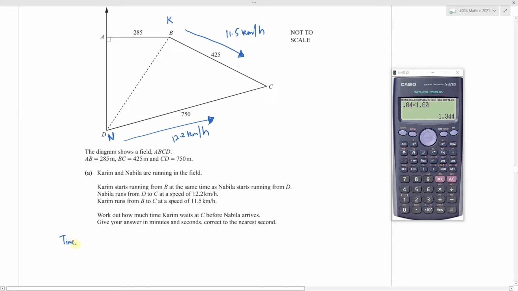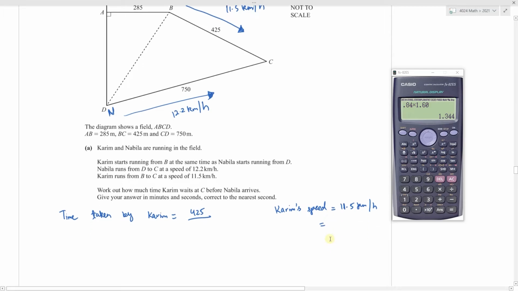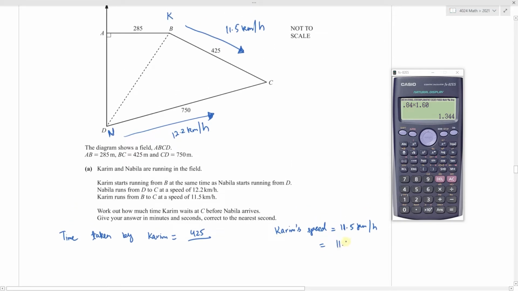So let's first say time taken by Kareem is the distance, which is 425 meters, divided by the speed. Kareem's speed is 11.5 kilometers per hour. To convert it into meters per second, I multiply by 1000 to convert kilometers into meters and then divide by the seconds in an hour. 1 hour is 60 minutes and each minute is 60 seconds, so this is 3600 seconds.